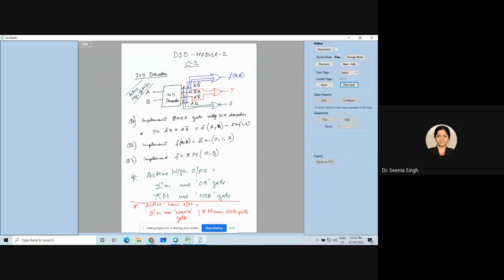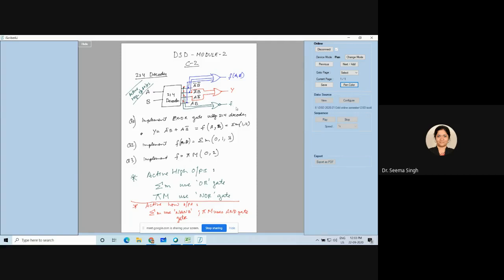Now when a 2 happens, means A is 1 and B is 0 and your 2 becomes high. So with 2 high, in spite of whatever your other wire has, if any one of the wires has a high in it, it will force your F to be 0. And maxterm implementation wants that for this specific selection, this 0 and this 2, your function should be a 0.